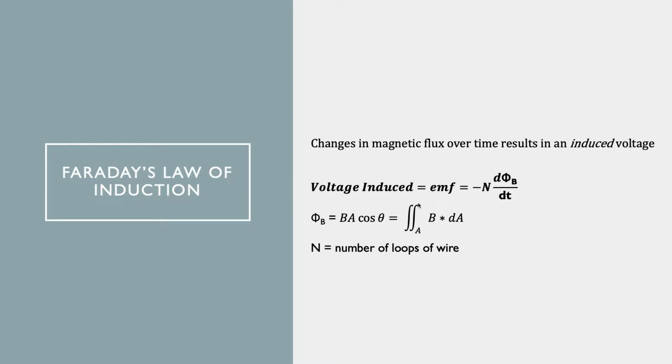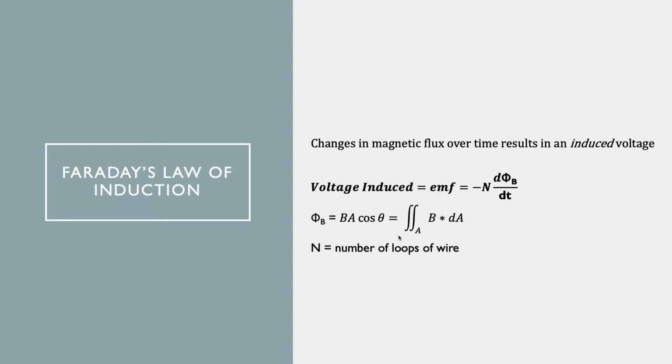And this integral definition over here, we can also think of as a sum of all the magnetic field lines passing through an infinitesimal area element by the name of dA. So whichever helps you visualize it better, feel free to do that.